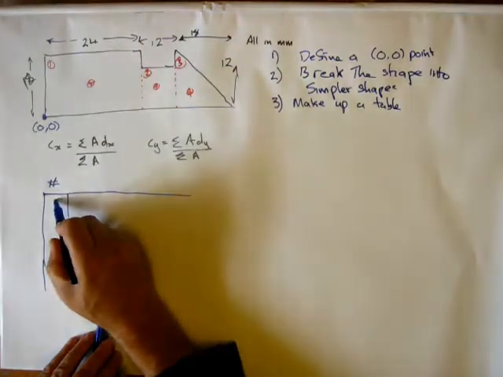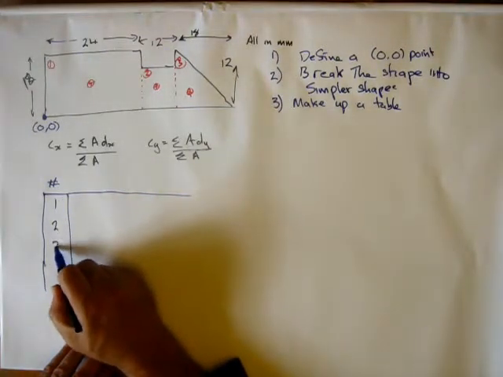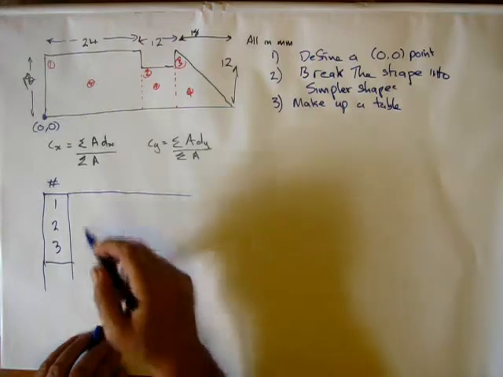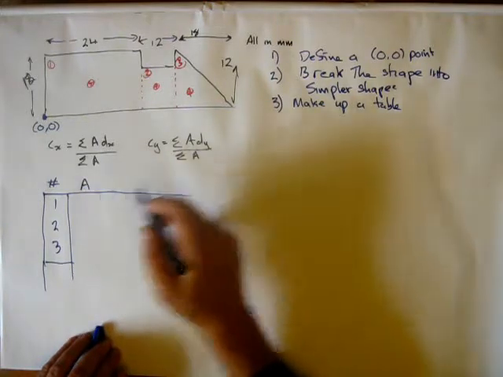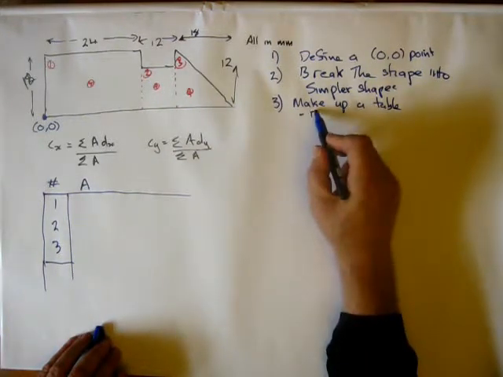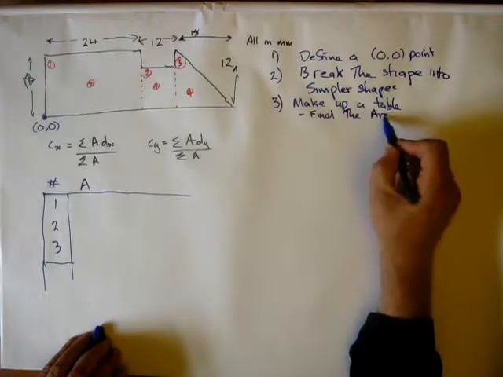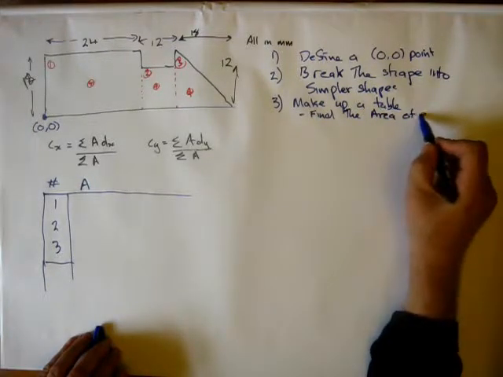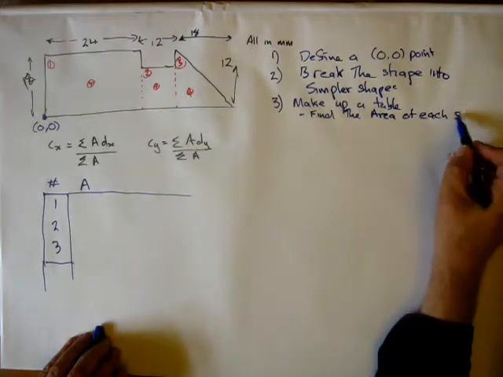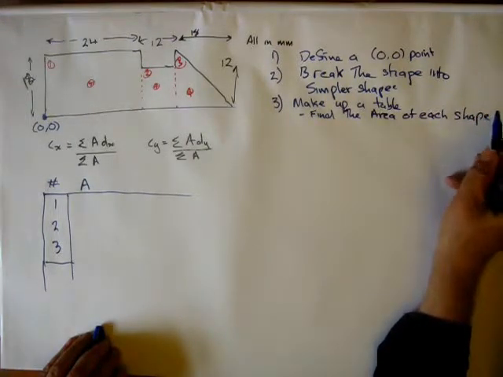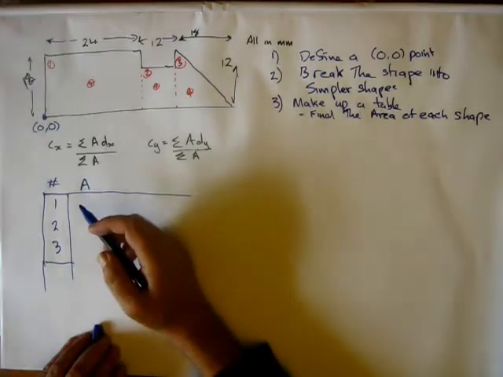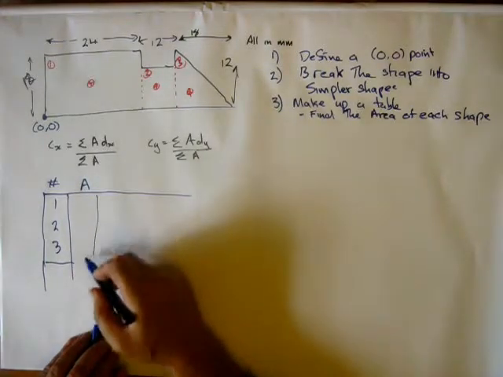We've broken it up into shapes. We're going to work out the area of each shape. That's cool. So we end up with the column for area.